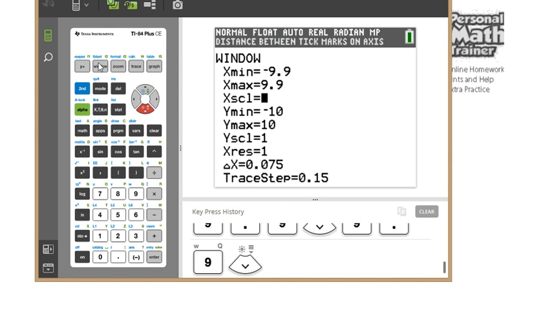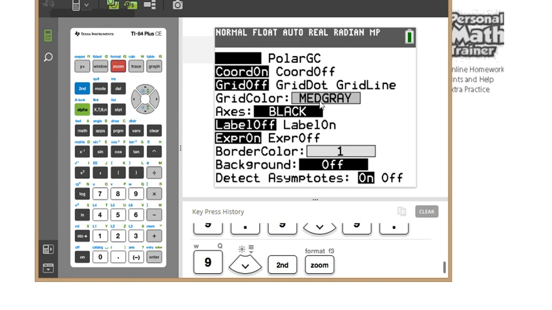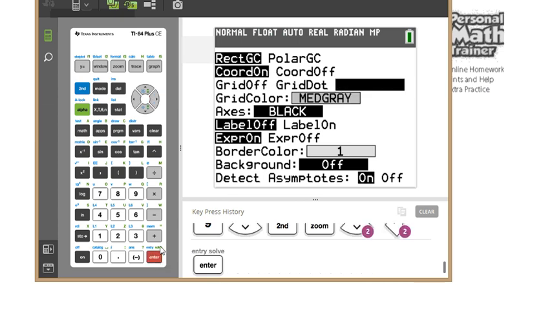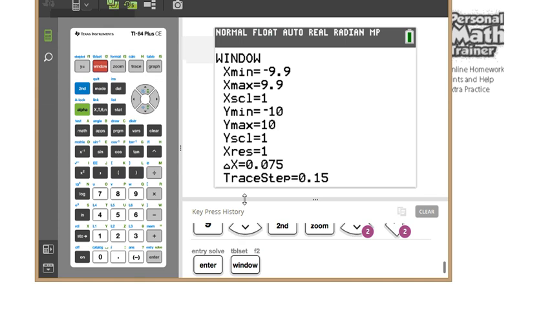Okay, I have my window there. What I'm going to do is go to second format, and I'm going to get a grid line to help us look better at the situation. One thing I want to do here, I want to keep the negative 9.9 and 9.9 here, and I'll tell you why later on, maybe.